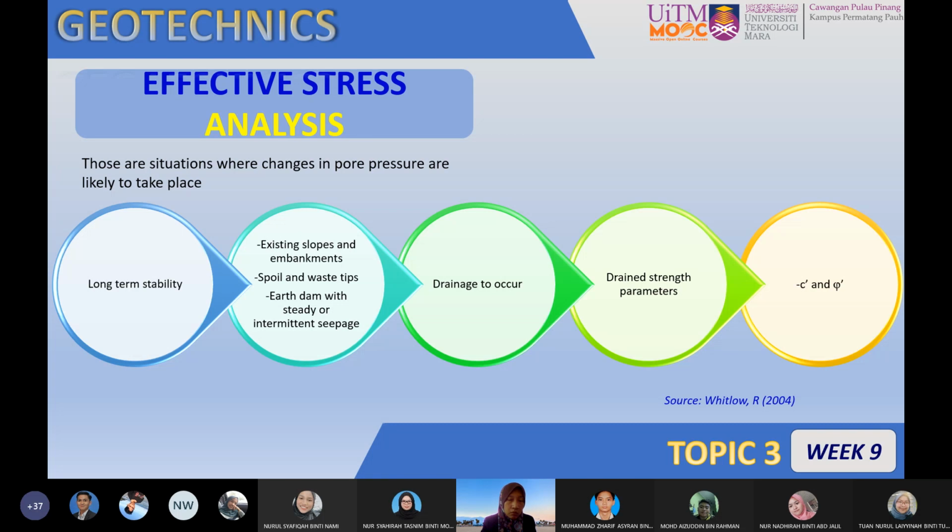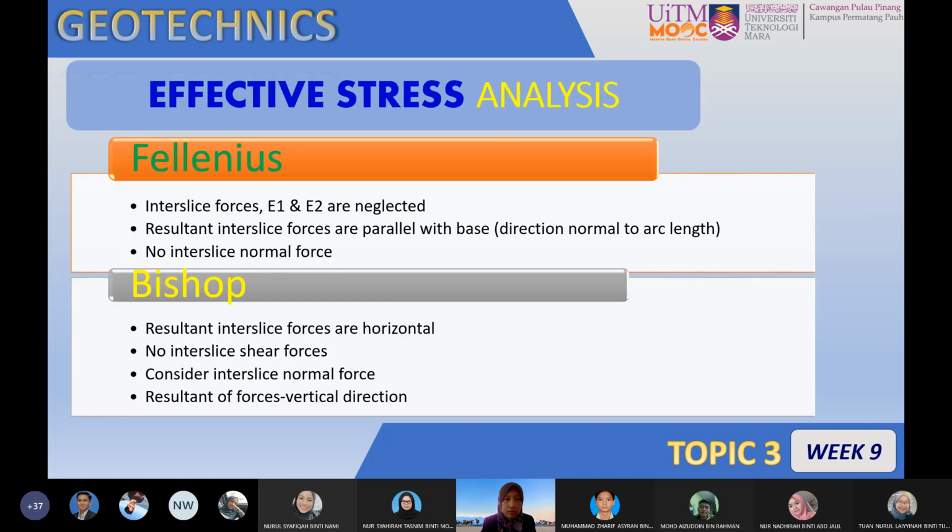At this time, we use the drained strength parameters, and you can see that c effective and also effective phi are taken in the calculations. So it's actually vice versa to the total stress analysis.